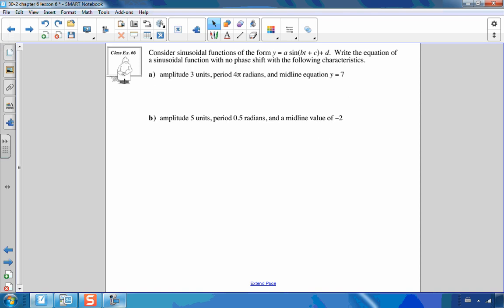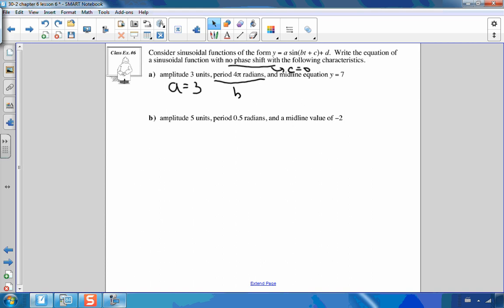Okay, number 6. Consider the sine function in the form y equals a sine(bt plus c) plus d. Write the equation of a sine function with no phase shift. So that tells me that my c value is 0, with the following characteristics. I have an amplitude of 3, a period of 4 pi.